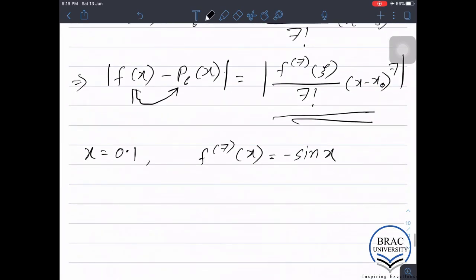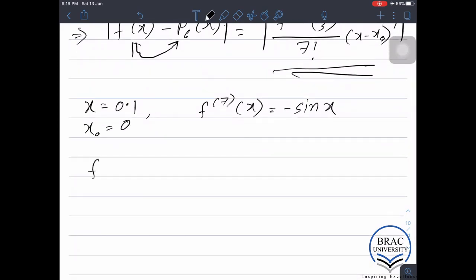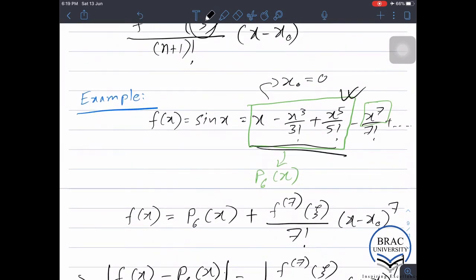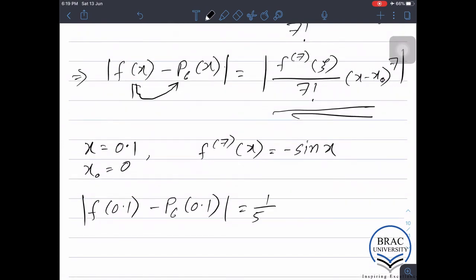All right, so my x0 is equal to 0, and so my f of 0.1, which is sine 0.1, minus p6 of 0.1, where p6 is this green box, the difference between them is equal to 7 factorial, which is 5040. x minus x0, so x0 is 0, x is 0.1, so this is 0.1 to the power 7, and you have the modulus of this 7th derivative, which is just minus sine xi.